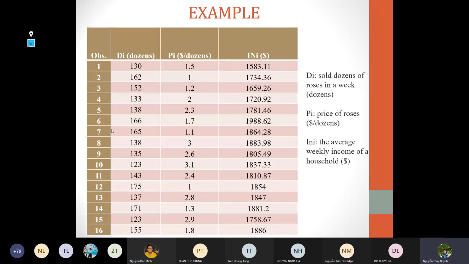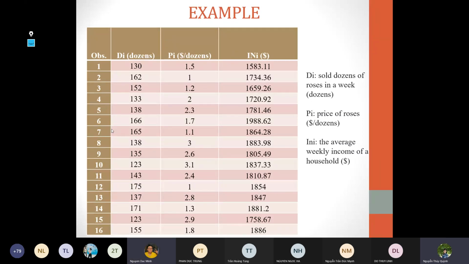The demand quantity, right? It will be the demanded quantity. PI is the price of the product, and INI here will represent the income of the consumer.